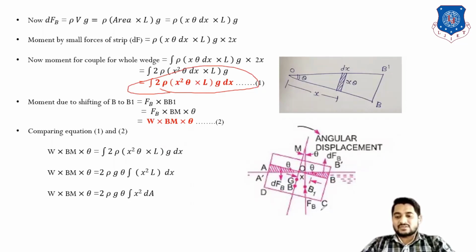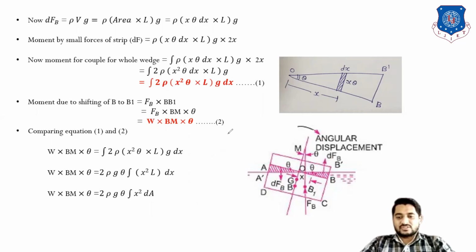Now this equation will be balanced by the resultant moment by FB, that is the resultant moment due to shifting B to B1. That means the resultant force FB into the perpendicular distance B to B1. Here FB remains as it is. For BB1, consider this triangle with B, M and B1, and this is the theta value.